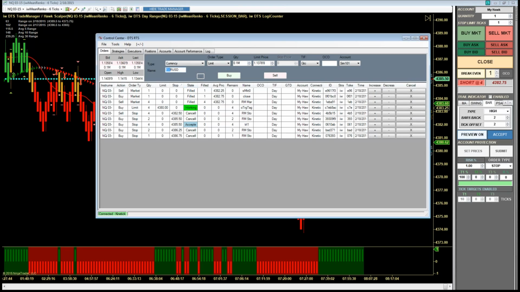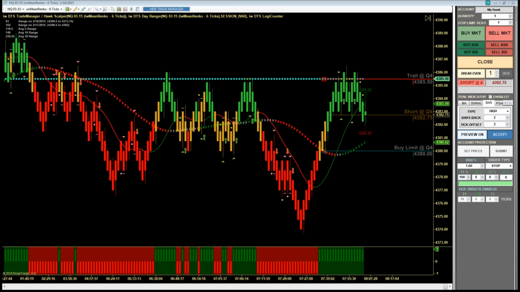Likewise, when you're in a trade like this, not that you need to know this right now, but don't do something like reload NinjaScript or reload historical data. Your trade will disappear off of your screen, but you will still have it at the exchange level.